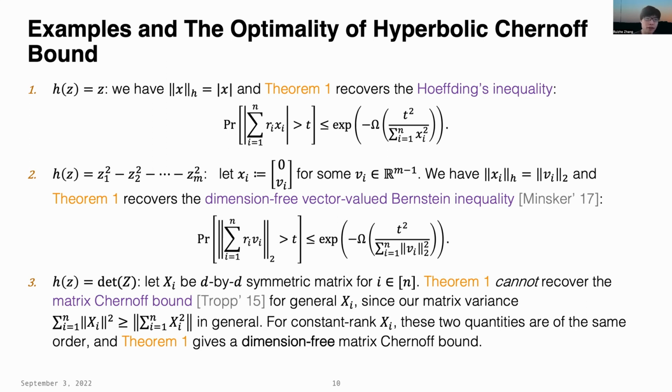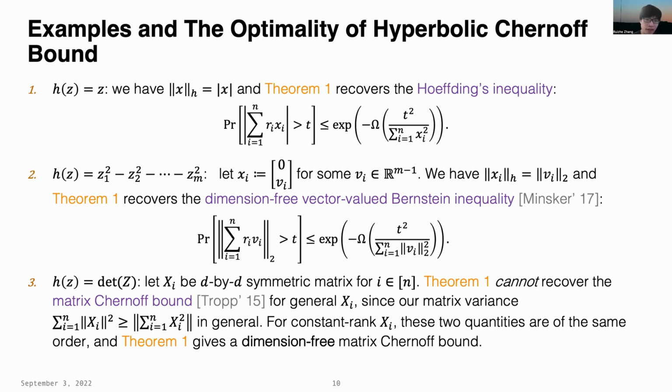And the third example is when h(z) equals the determinant polynomial for symmetric matrices. In this case, however, Theorem 1 cannot fully recover the state-of-the-art matrix Chernoff bound by Tropp for general x_i. This is because our variance term sigma squared is larger than the spectral norm of the sum of x_i squared in general.